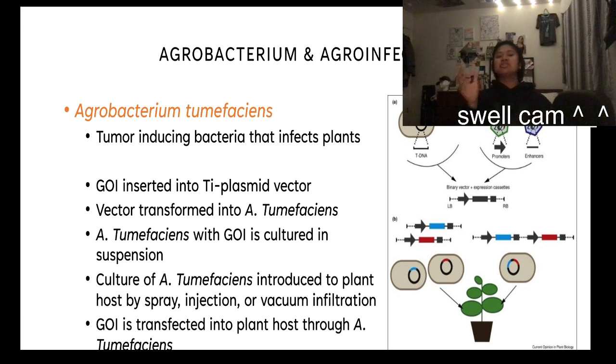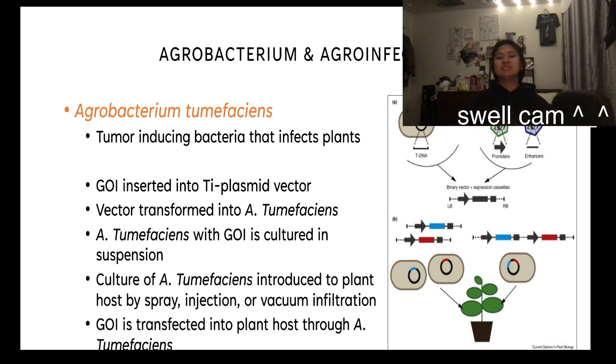So, naturally, Agrobacterium contains this tumor-inducing plasmid. Scientists have utilized that TI plasmid, tumor-inducing, to insert their gene of interest and use it as a vector to facilitate producing proteins to get the tDNA into your host cell.